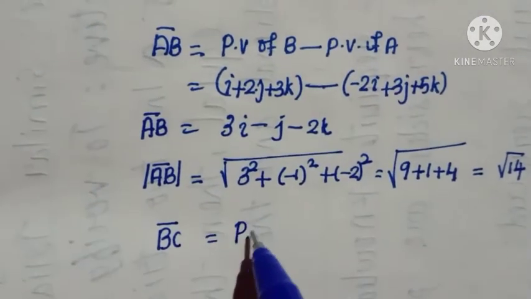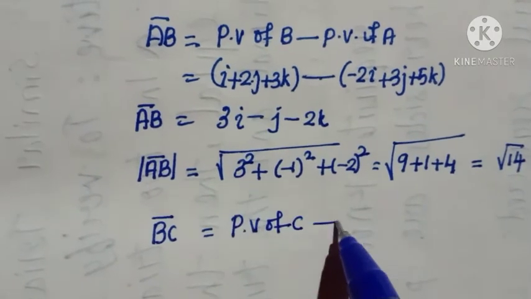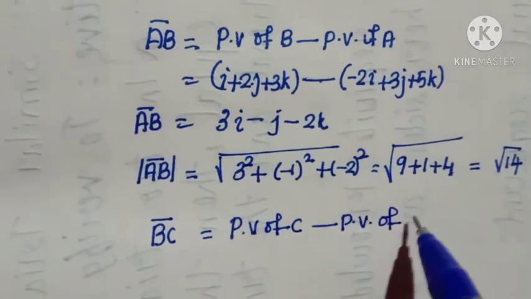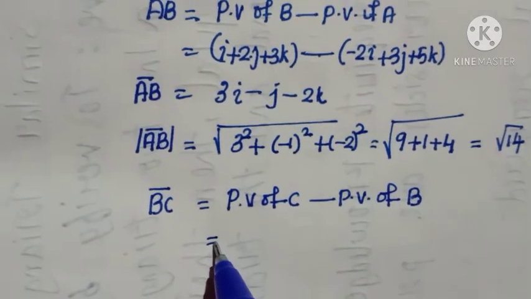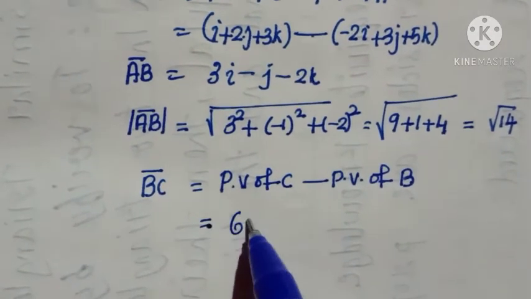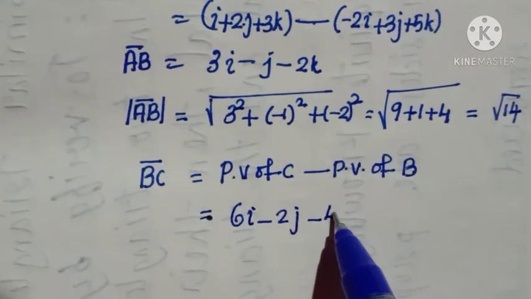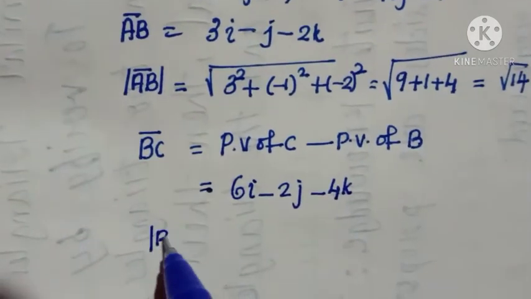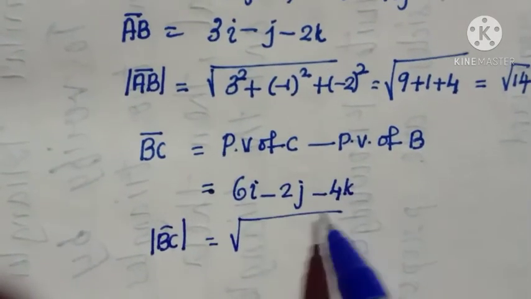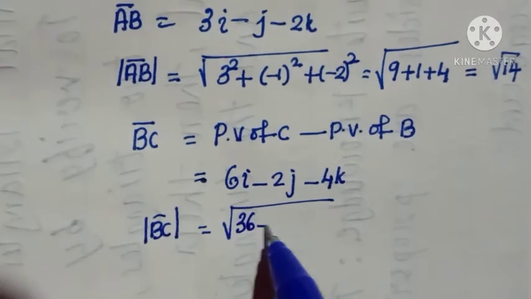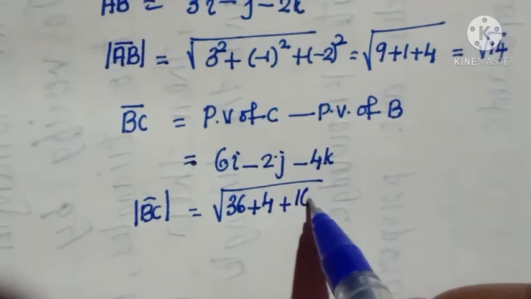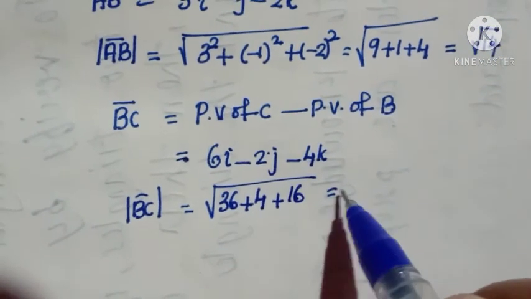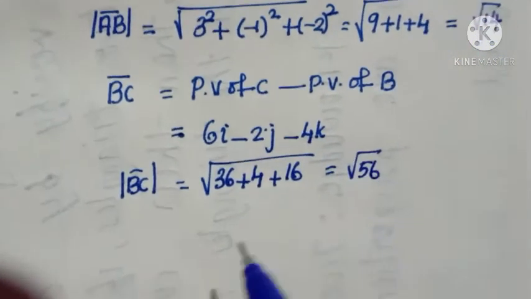Vector BC is obtained as position vector of C minus position vector of B. We will get 6I minus 2J minus 4K. Then its magnitude is equal to root of 6 square 36, minus 2 square 4, minus 4 square 16. So 40 plus 16, 56.